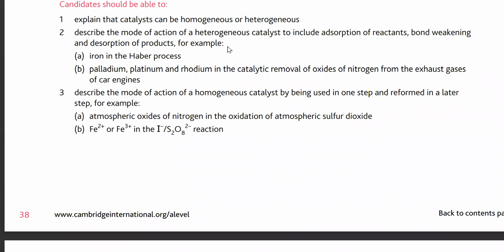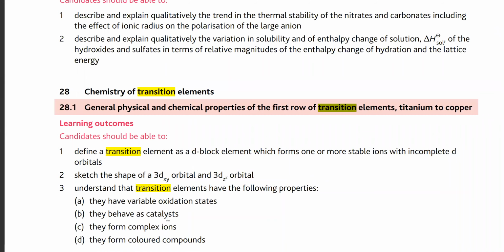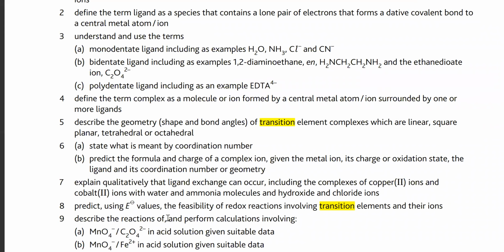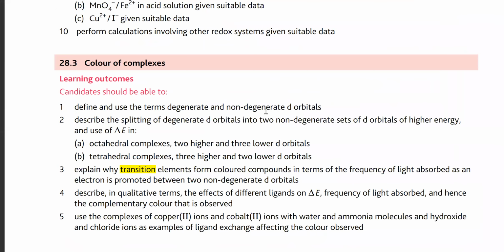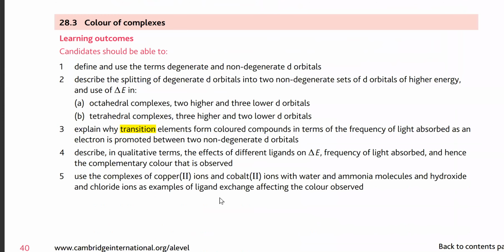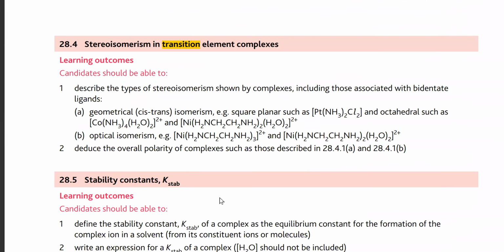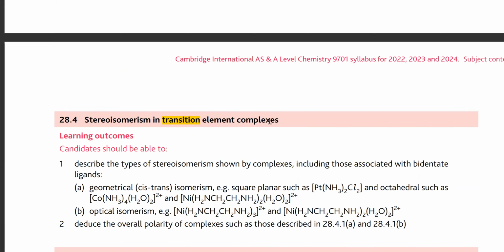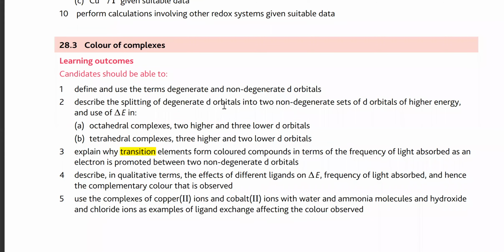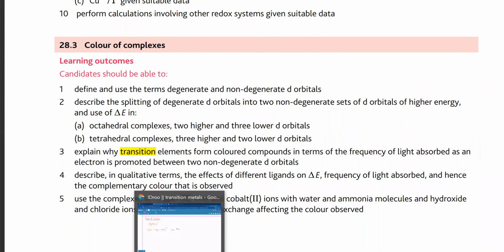I think they've removed it. Stereochemistry. It should have been cis isomer square planar. Yes, that's there. So they were talking about a square planar shape, so we can talk about cisplatin specifically. I'll give that example because that's still there.